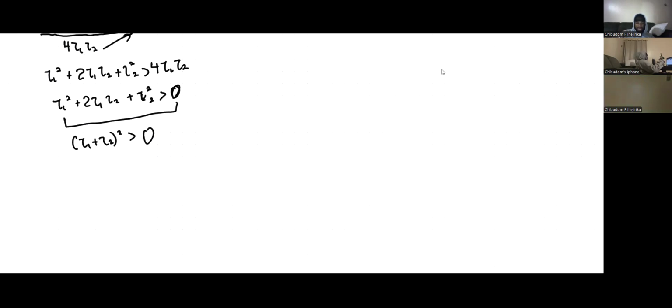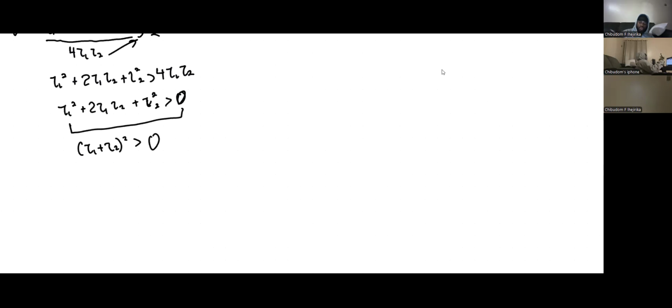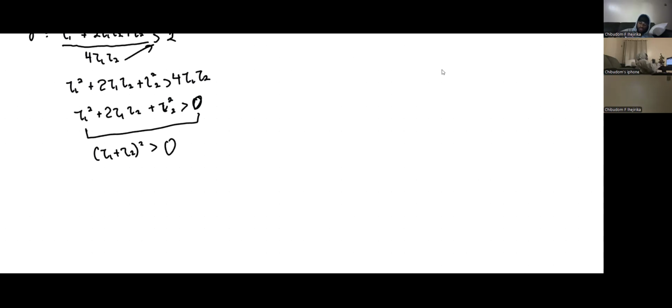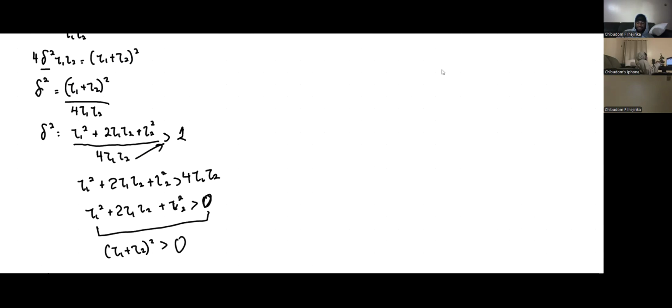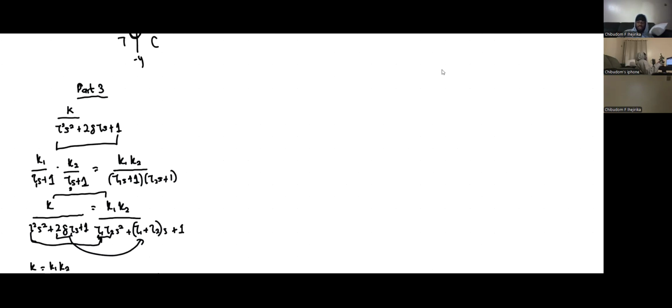So we know the usual. We'll just start from where we all start from. The transfer function is k over this plus this really.